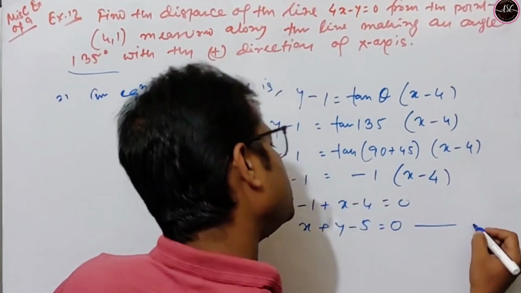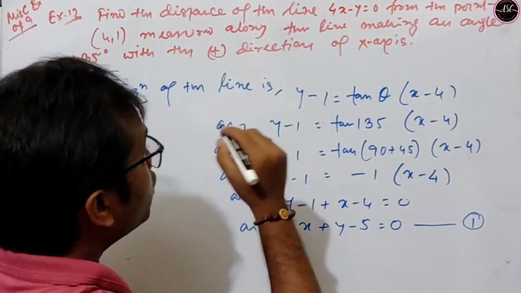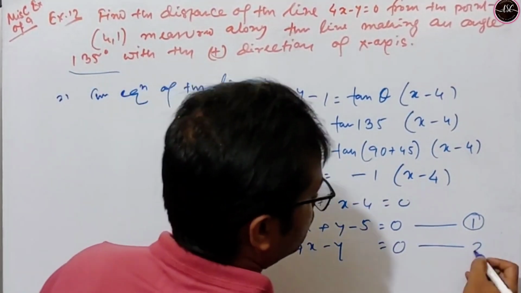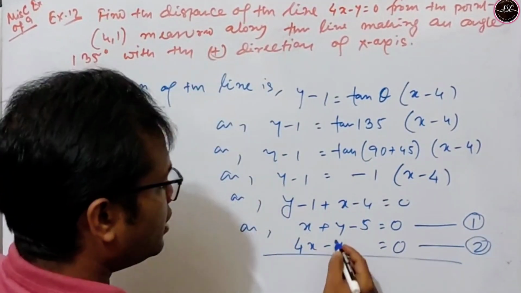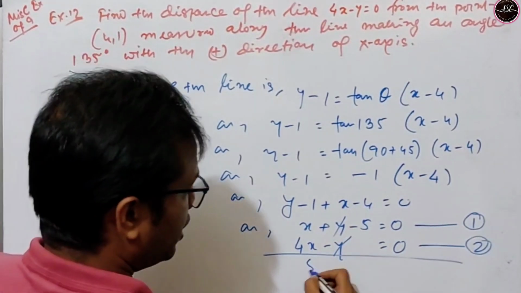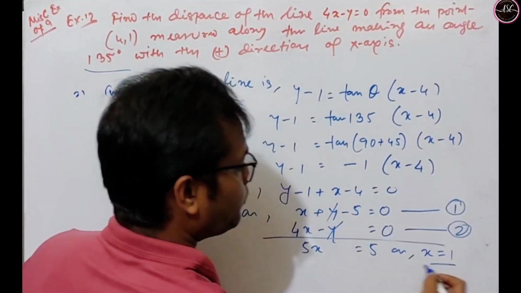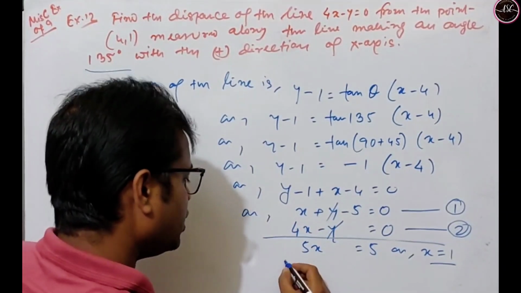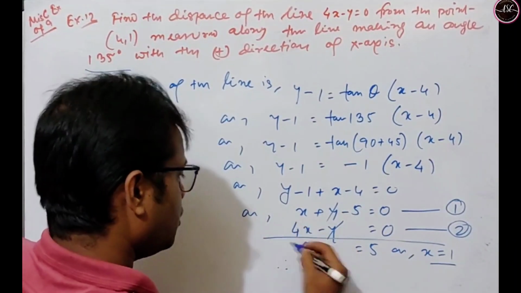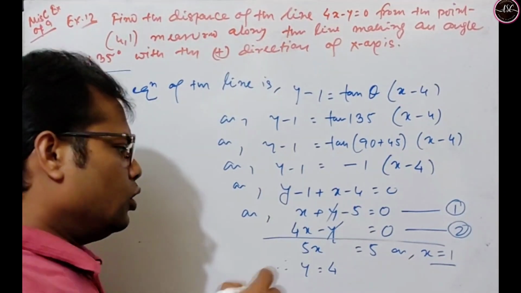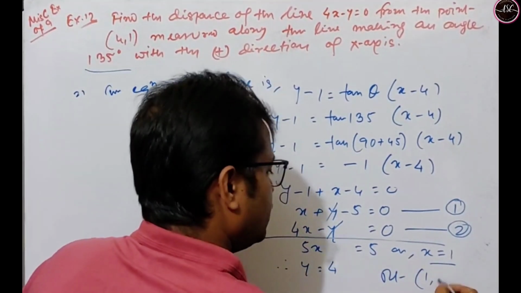This is the equation of the line, and we have one more line, 4x minus y equal to 0, this is equation 2. Now solving these two, y cancels out, 5x equal to 5, or x equal to 1. Therefore y equal to 4. Now we get a point 1, 4.